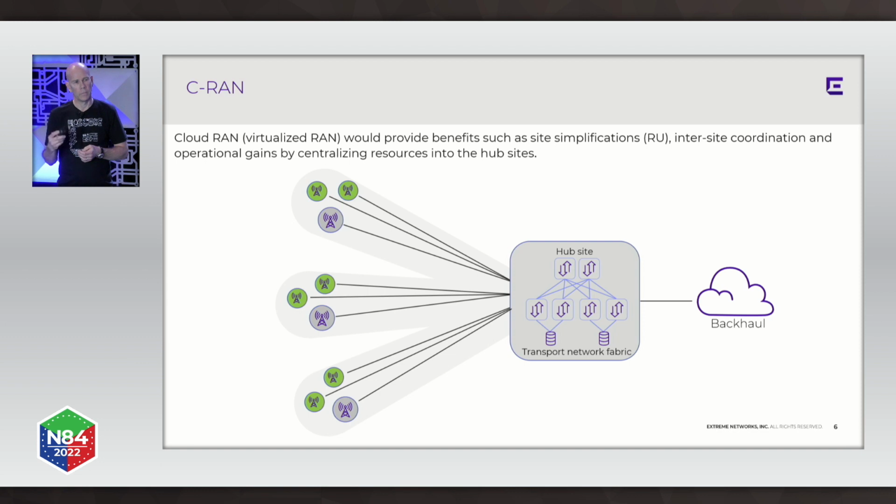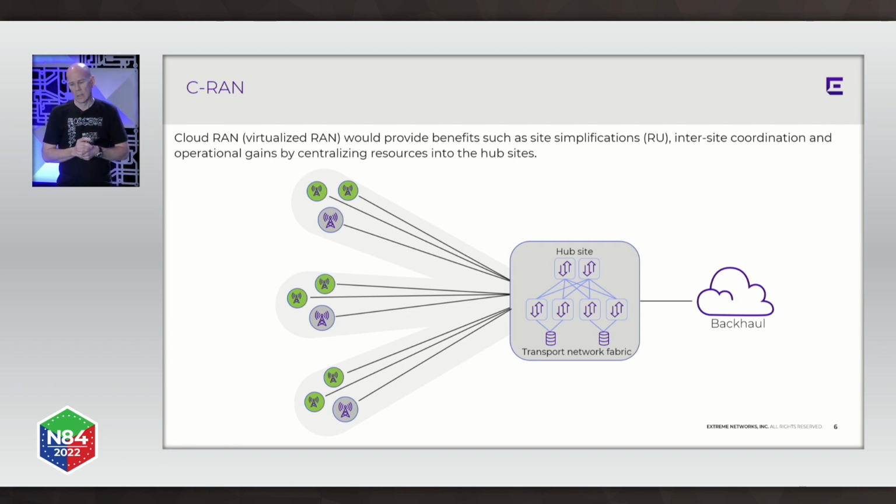So 5G came with force, and with 5G came new demands for more flexible architectures, as well as designs and deployments, and more scale, as I have been alluding to in my previous slides.